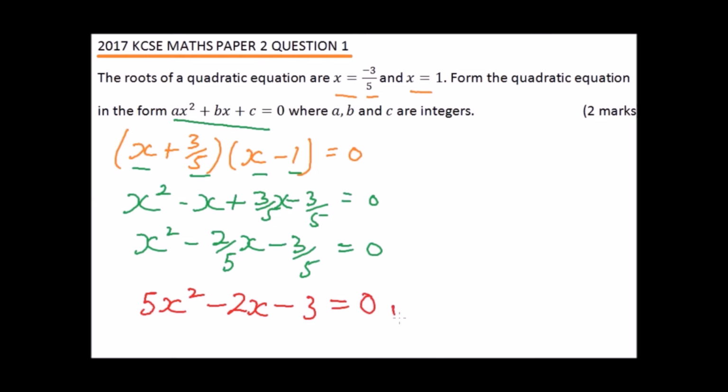So that is our equation in the form ax squared plus bx plus c, where a is 5, b is minus 2 and c is minus 3. So that is how we work it out.